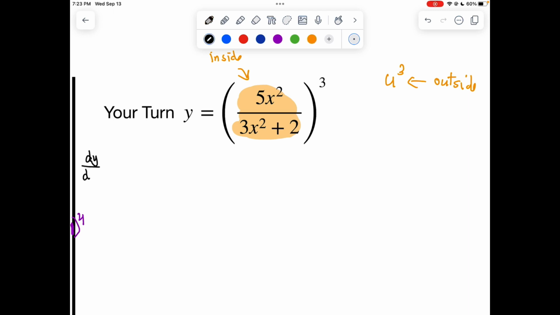I want to take my derivative of my outside function. So the derivative of u cubed is 3u squared. And u is defined as 5x squared divided by 3x squared plus 2. Okay, now I need to multiply this by the derivative of the inside. And to find the derivative of the inside, I need to use the quotient rule.